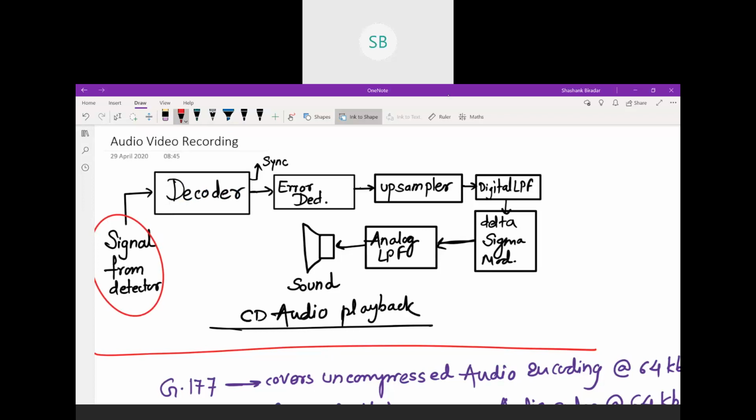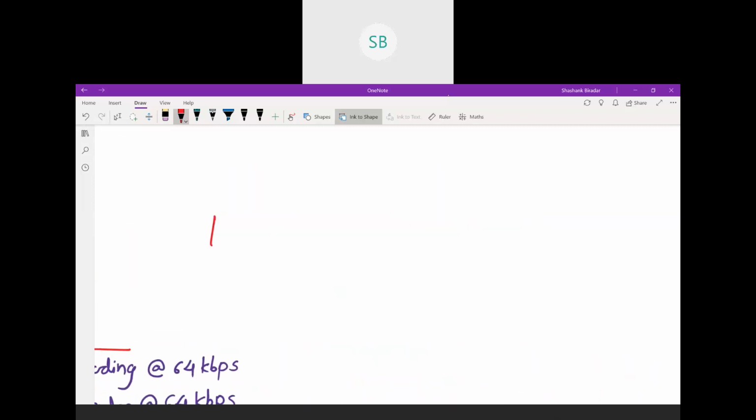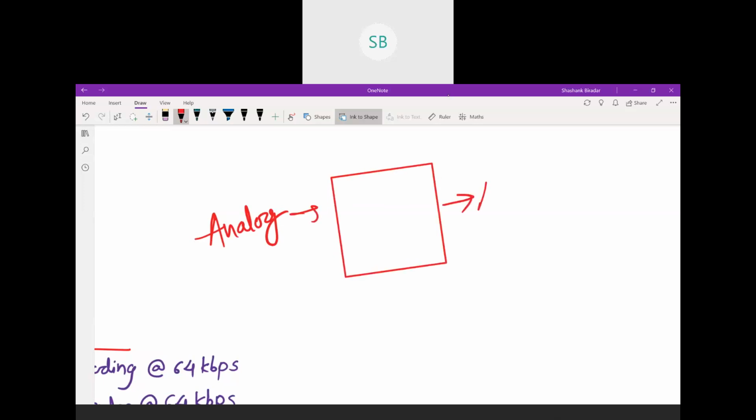Then the signal is decoded, then there is error detection circuitry, then an upsampler whenever there is a loss in the data, then the digital low pass filter, then the delta sigma modulator, and the signal is passed through an analog low pass filter, and then to the sound. As far as audio signals are concerned, it is analog audio, then there is a box, and the output is again analog.